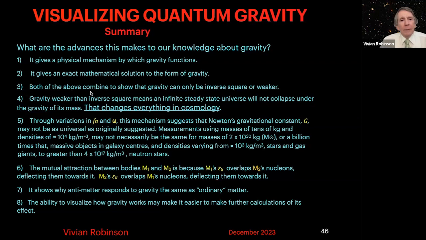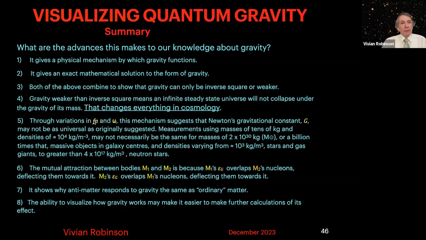Both of the above combine to show that gravity can only be inverse square or weaker. Gravity weaker than inverse square means an infinite steady state universe will not collapse under the gravity of its own mass. That changes everything in cosmology.